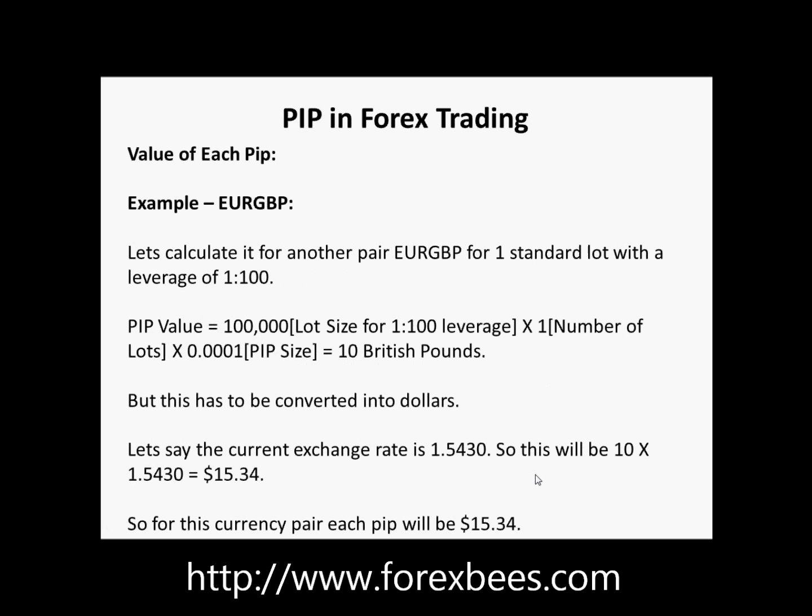Euro GBP. Let's calculate for another pair, which is Euro GBP, for one standard lot with a leverage of 1:100. Pip value equals 100,000, which is the lot size for 1:100 leverage, times 1 number of lots, times 0.0001 pip size, that equals 10 British pounds.